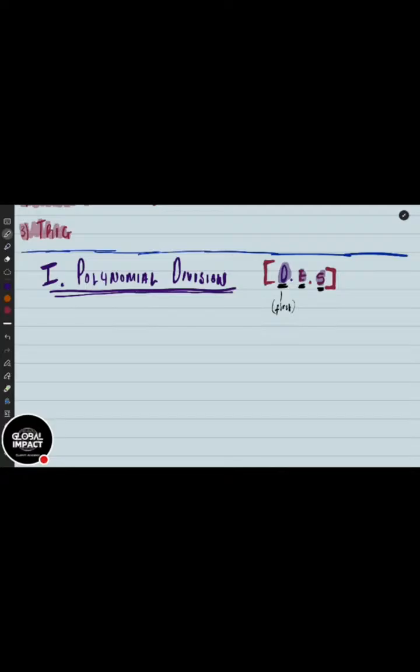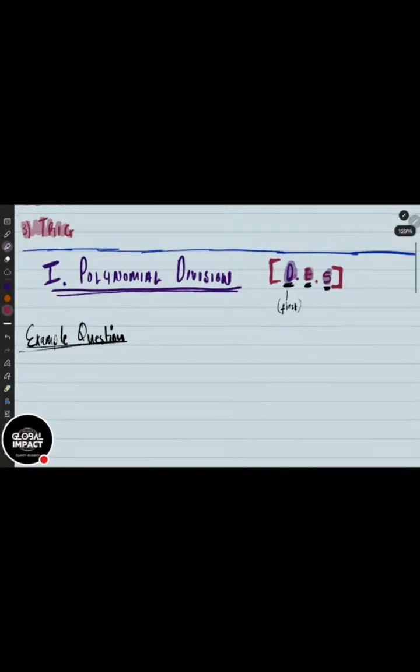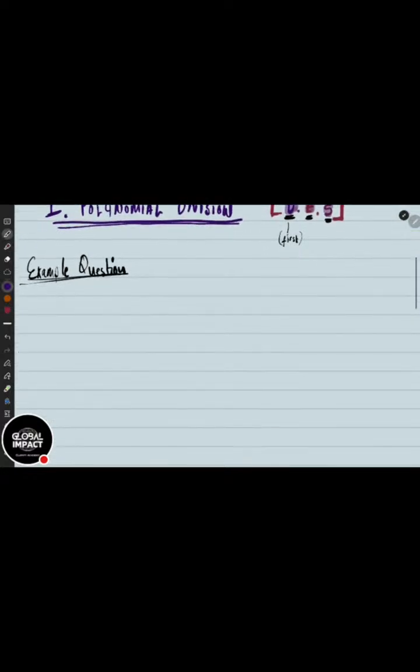It says, for the polynomial example question. What did I say about polynomial division? DES. If you change it, you're in trouble with me. Here it says, for the polynomial f of x is equal to x cubed plus 6x squared minus 9x minus 14.